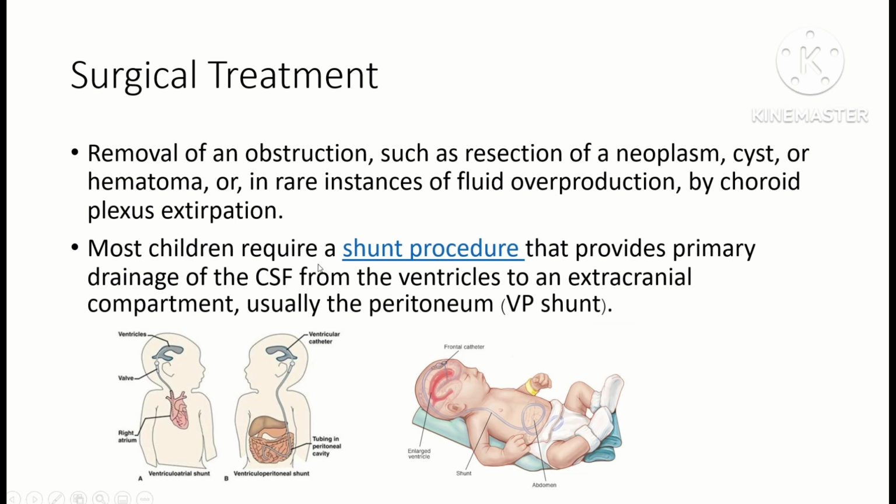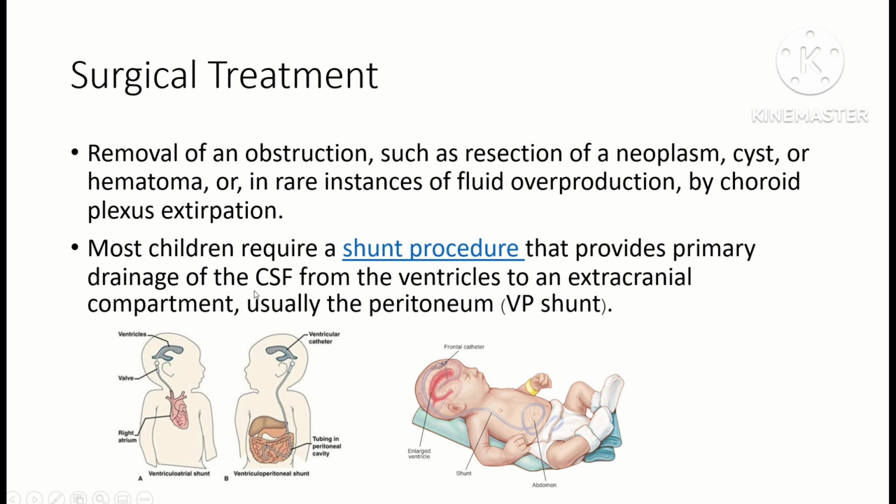Most children require a shunt procedure that provides primary drainage of CSF from the ventricle to an extracranial compartment, usually the peritoneum. Some cases use the right atrium, but usually the peritoneum.